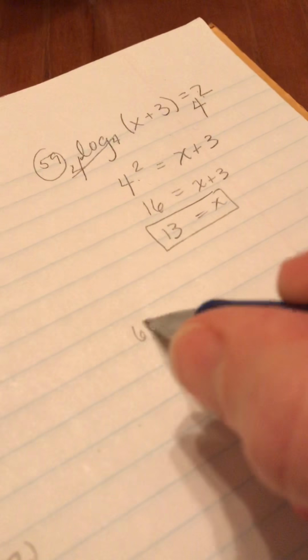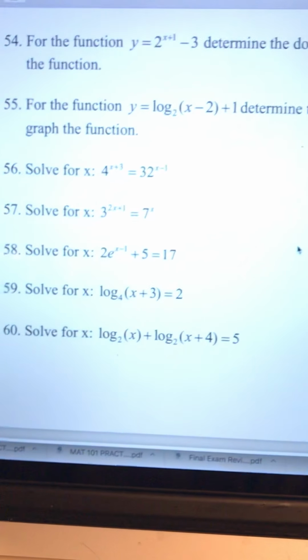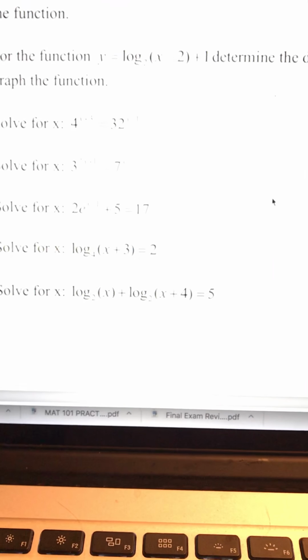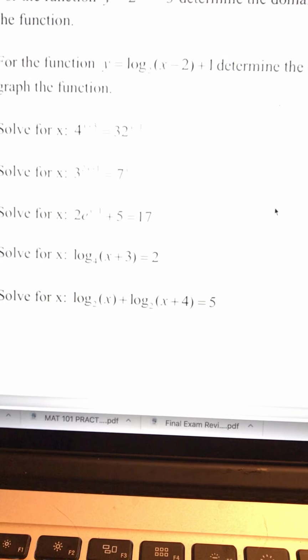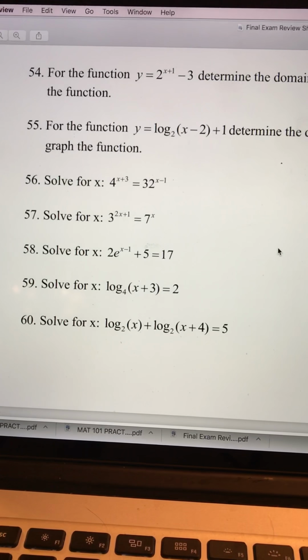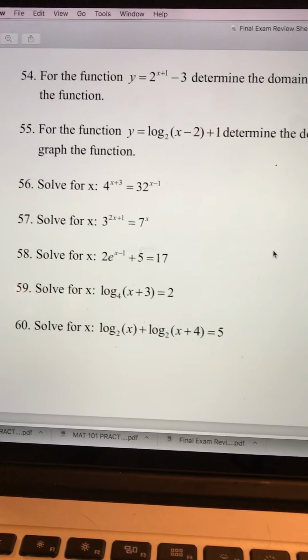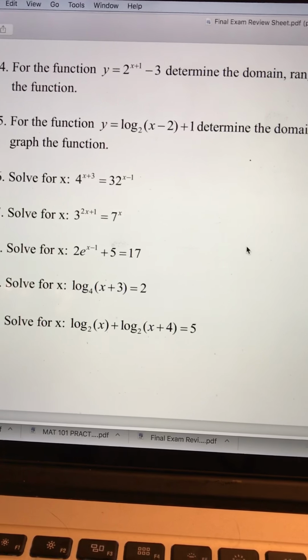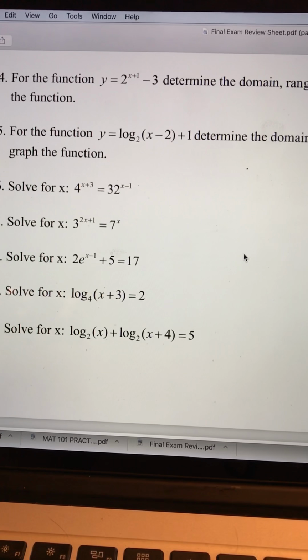Number 60 is a sum of logs that we're going to have to combine before we can undo. It says log base 2 of x plus log base 2 of x plus 4 equals 5.